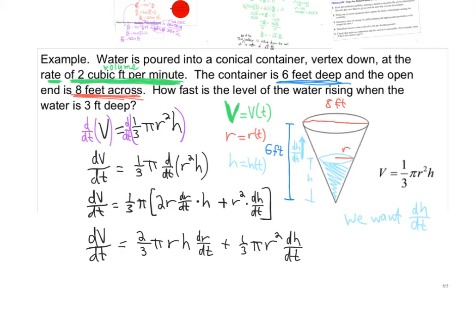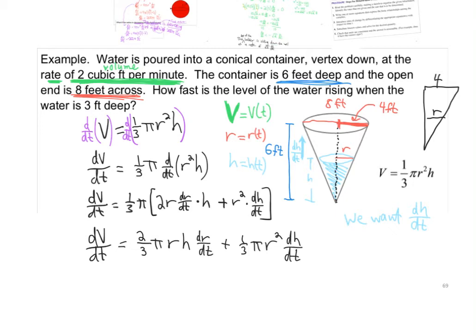Okay, so it's 8 feet across. That means this little portion here is 4 feet. Okay. Let's make a triangle out of this situation. If I make a triangle out of this, notice I have this r, that's a mystery. I have a 4 up here.